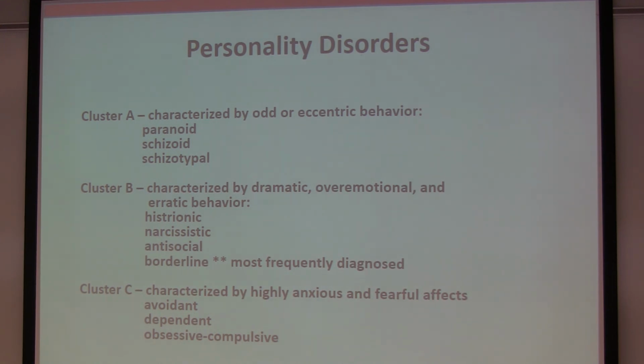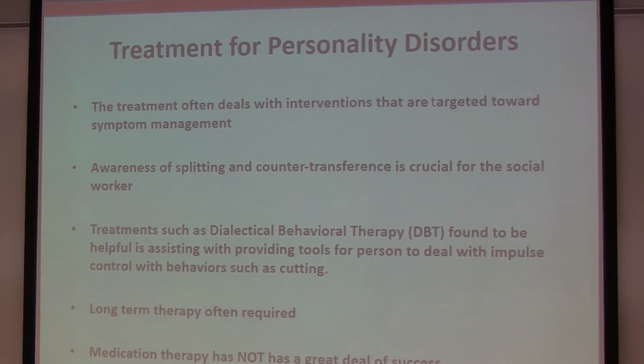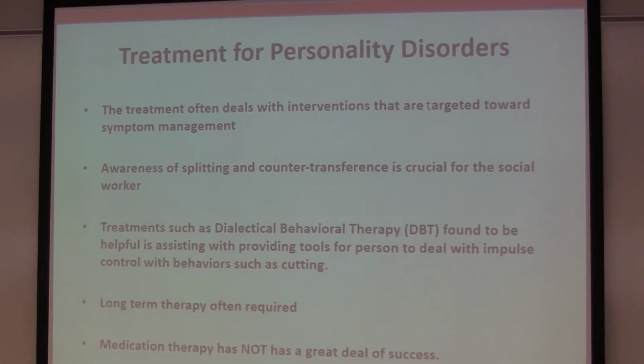And then cluster C is characterized by highly anxious and fearful affects, and you would see avoidant personality disorder, dependent personality disorder, and obsessive compulsive personality disorder. So there are 3 clusters, and they're characterized in that manner. So what I recommend is that you review each of those personality disorders.